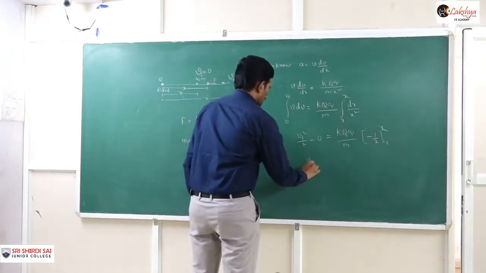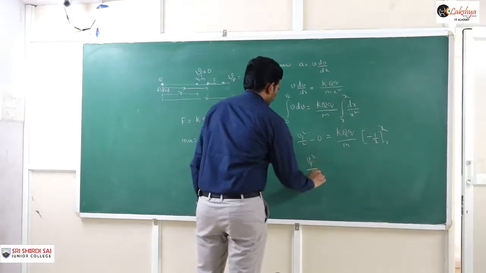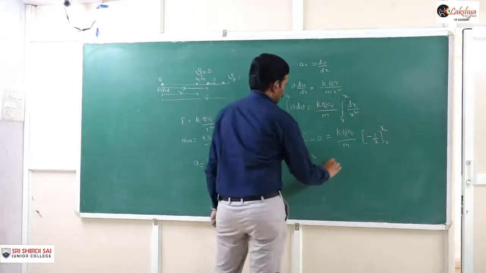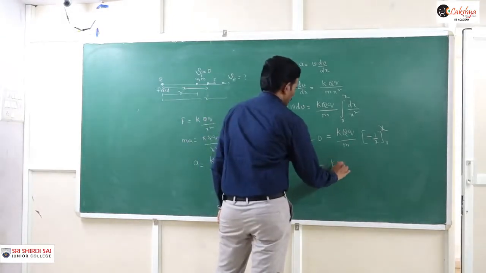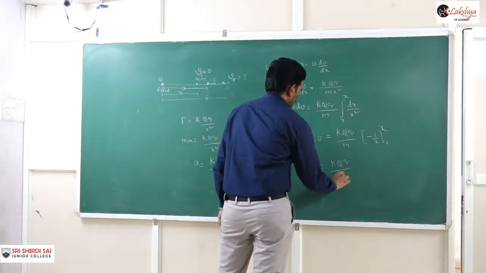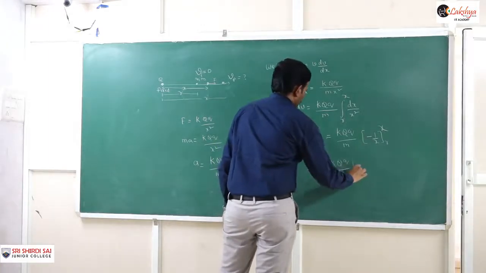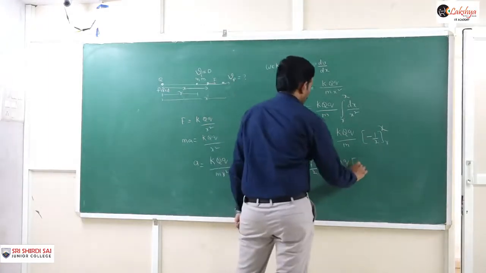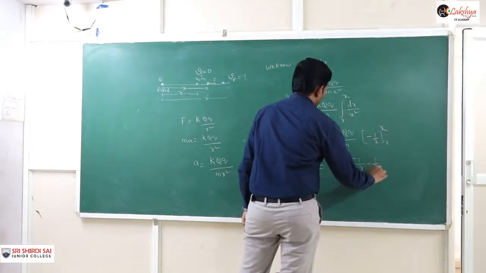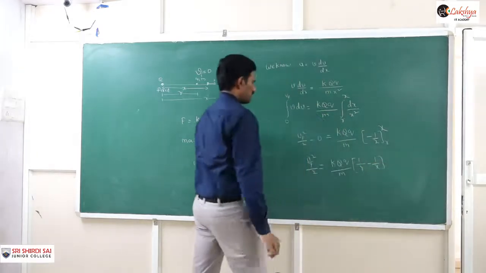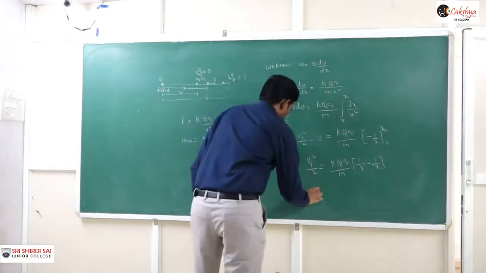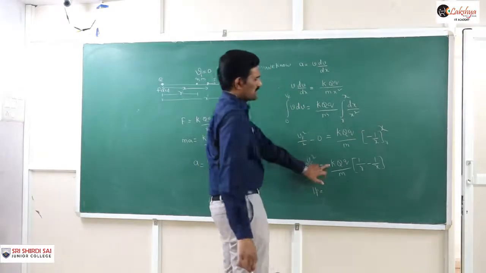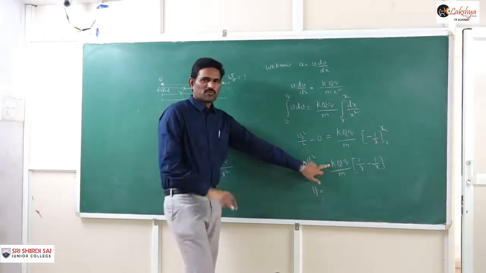Therefore vf square by 2 is equal to K Q q by m into, substituting these limits, 1 by r minus 1 by x, because of the negative sign. Finally you can write this expression, and I am substituting the k value also, which is nothing but 1 by 4 pi epsilon naught.